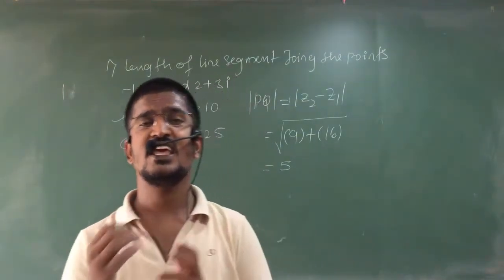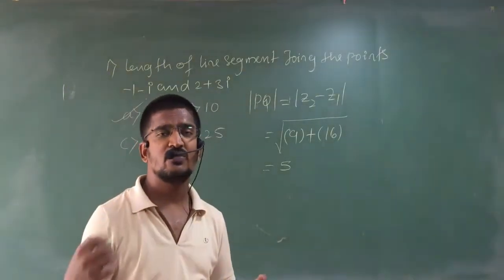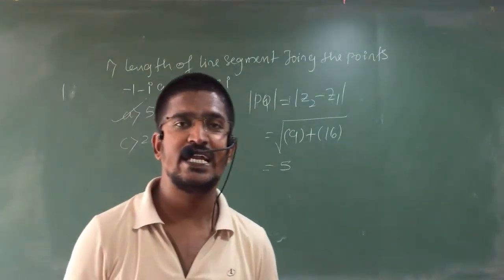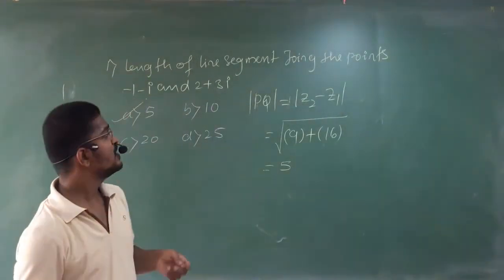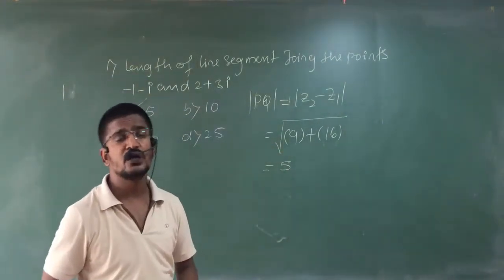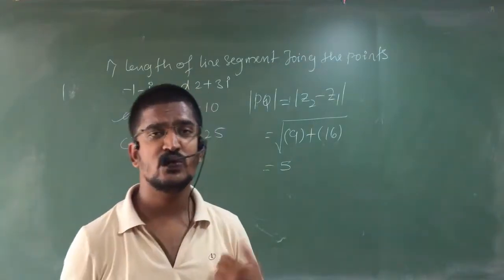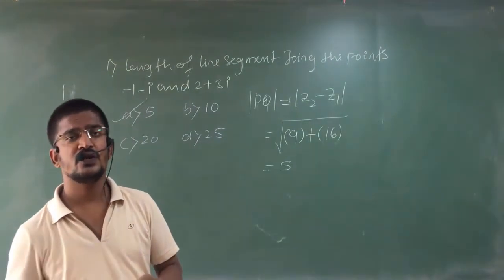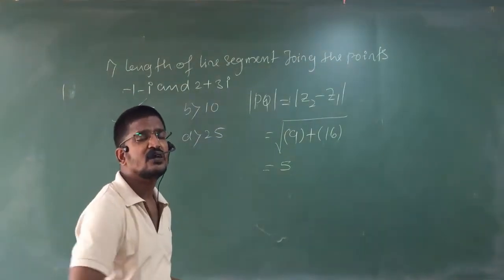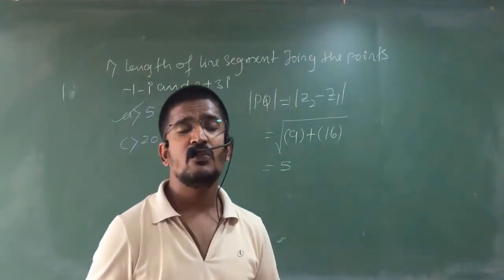The real part and the real part, imaginary part and the imaginary part have to be subtracted if you want to calculate Z2 minus Z1. And by the formula of magnitude, you can say x2 minus x1 whole square plus y2 minus y1 whole square. Clear, students?